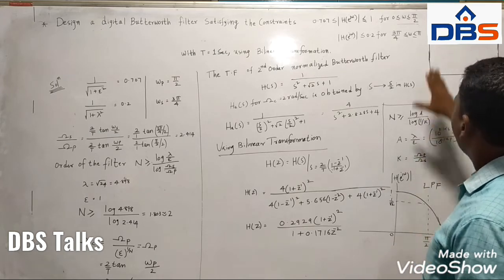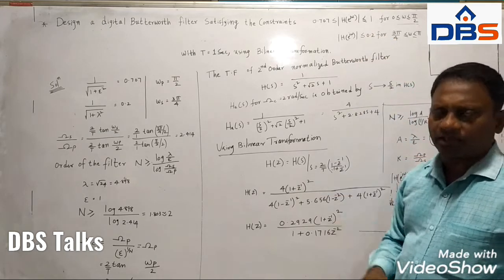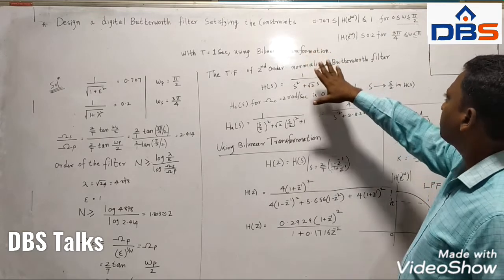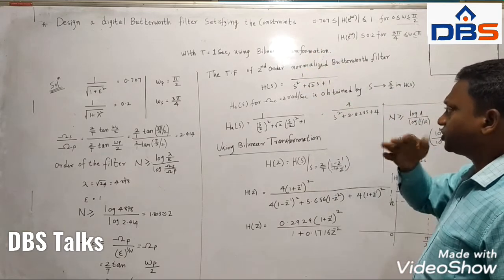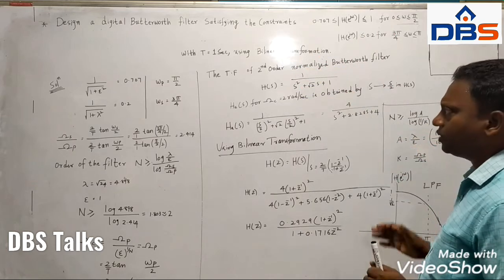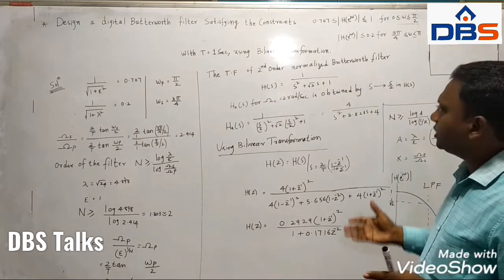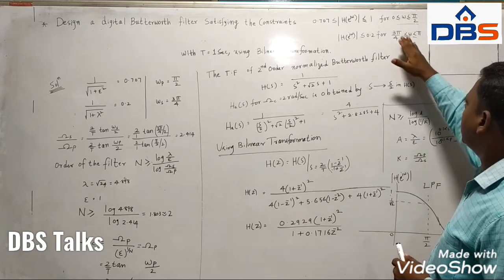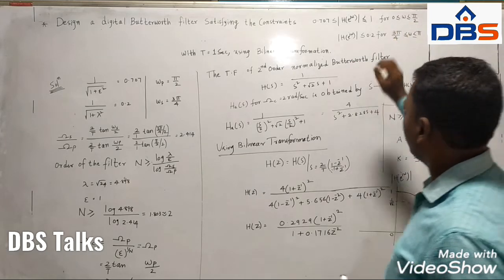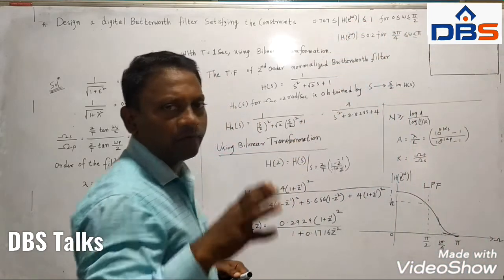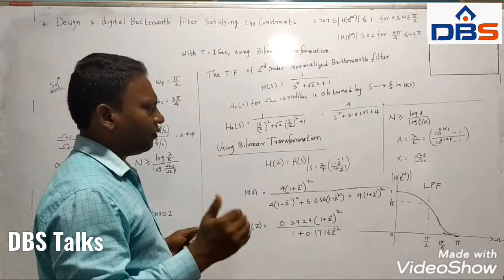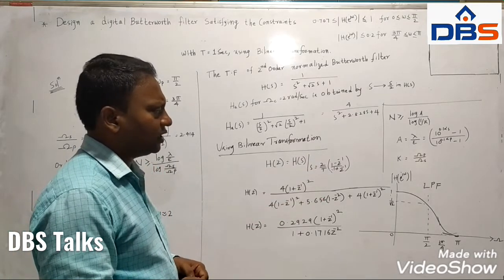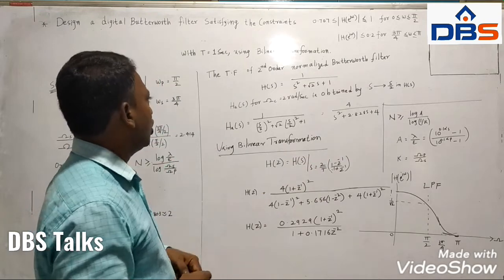What you have to understand is what type of filter it is. Sometimes the filter type will be given, like low pass filter or high pass filter, and they will mention it. Even if they do not give the details, from the given specifications we can understand what type of filter it is. From this we can say that the given filter is a low pass filter.